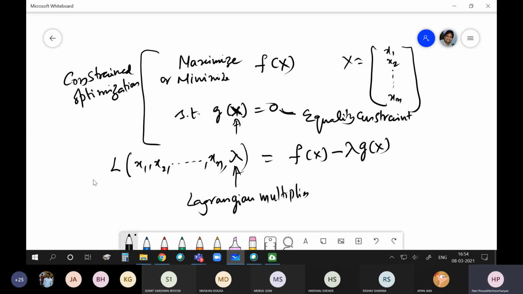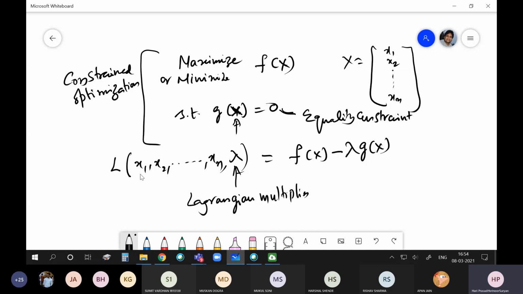Now this Lagrangian is a function of how many decision variables? n plus 1 decision variables will be there.